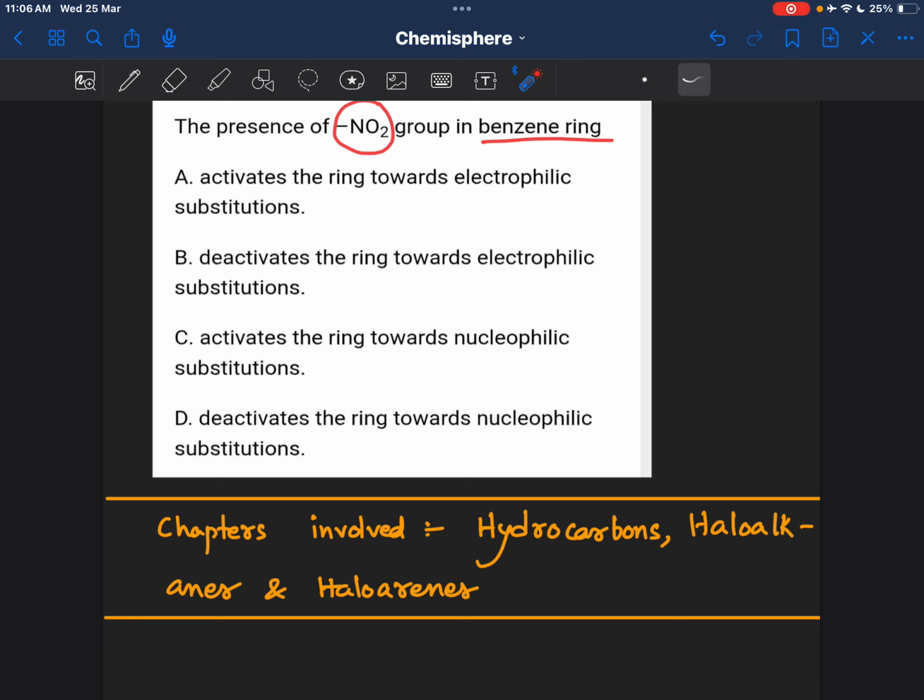We should also know the meaning of activation and deactivation. Activation means when something becomes more reactive. Deactivation means when something becomes less reactive.